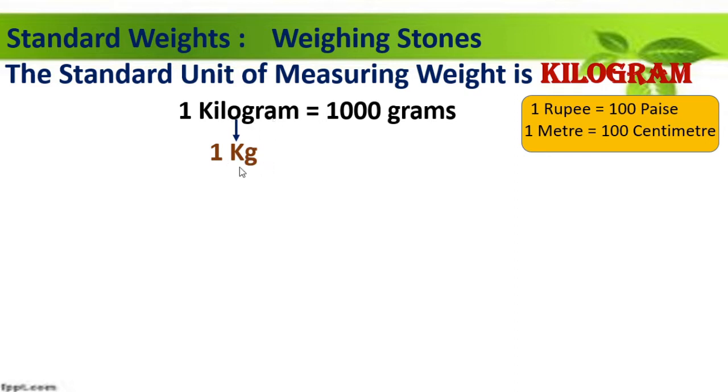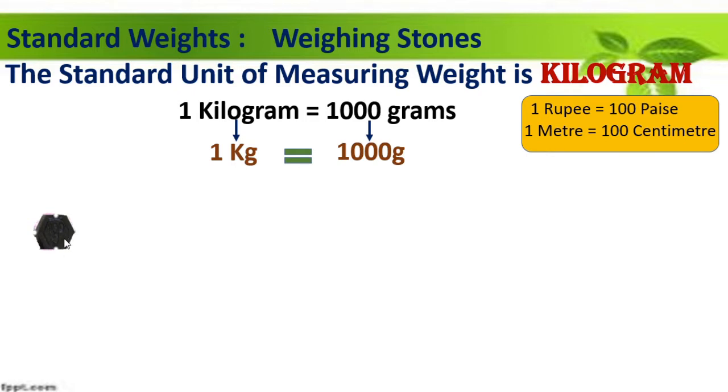Kilogram we write as 1 kg. And 1000 grams is written as 1000 g. Okay, 1000 g. The short form of grams is g. Sometimes we write gm too. Okay, remember this.